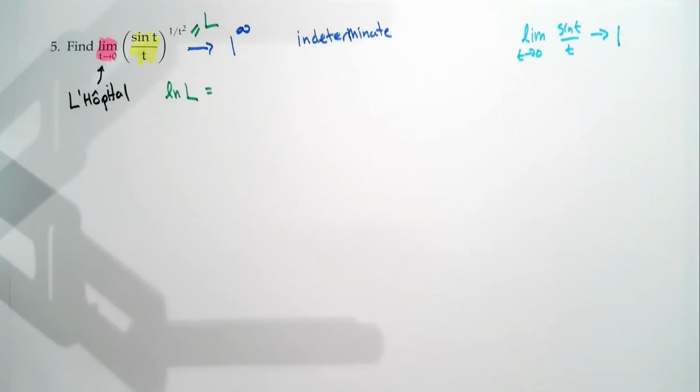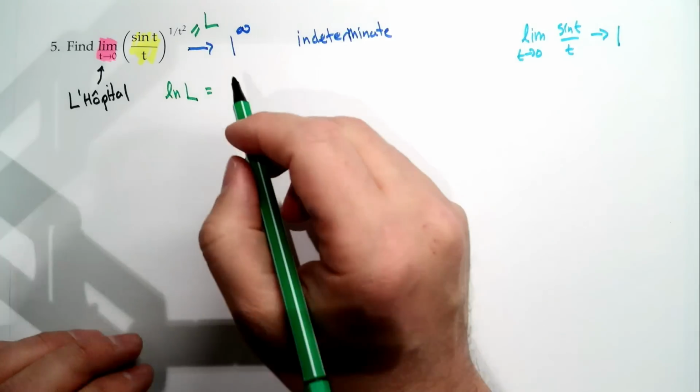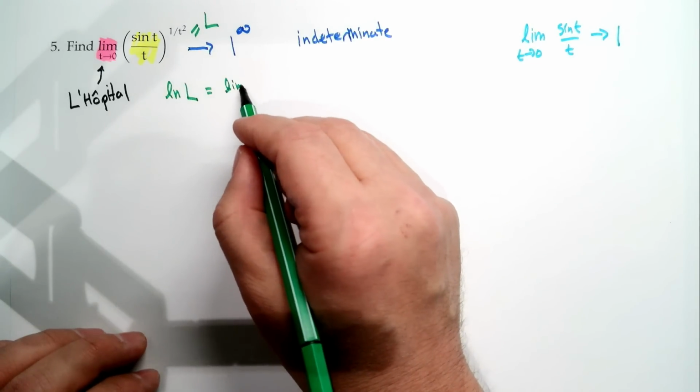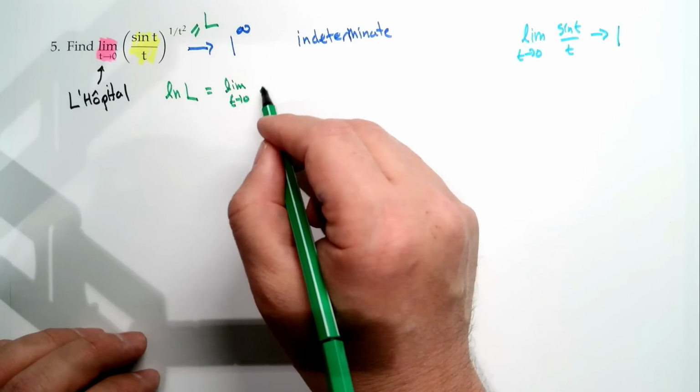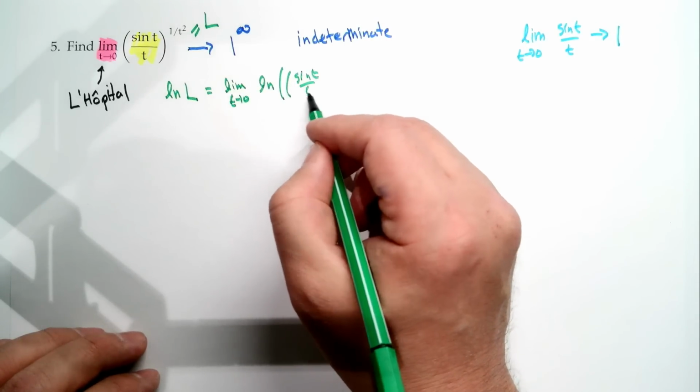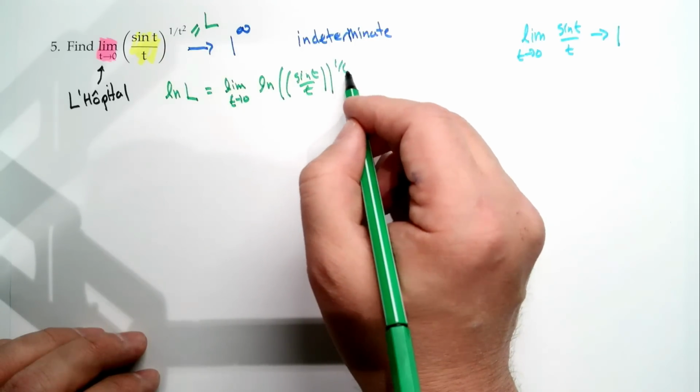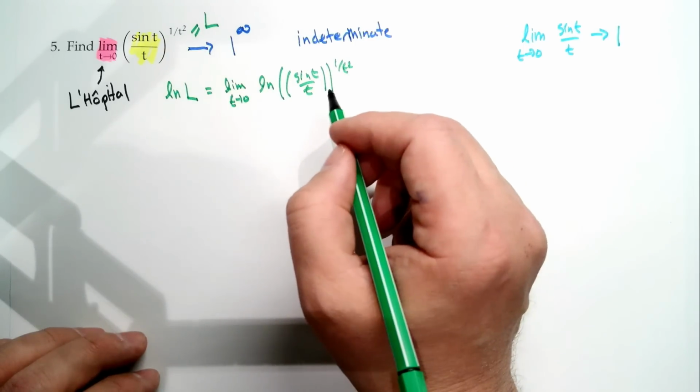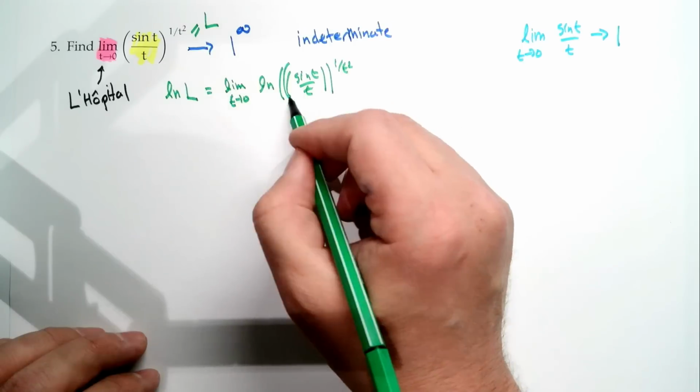Logs are useful for bringing down exponents. They're an incredible tool, amazing tool, really. So this becomes the limit as t goes to 0 of the natural log of (sine of t over t) to the 1 over t squared. And whoops. Okay, I should put some more parentheses.